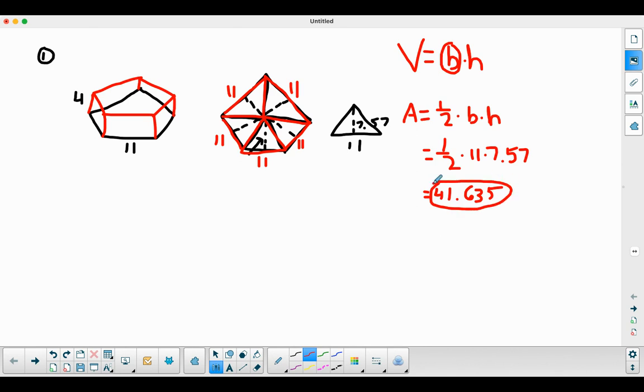But we have more than one triangle. We have 1, 2, 3, 4, 5 triangles in this pentagon. So this is what one triangle is worth. 5 triangles is going to be worth 5 times 41.635.